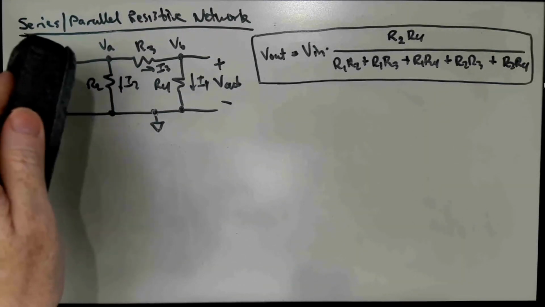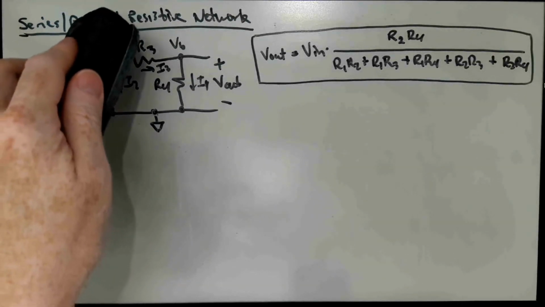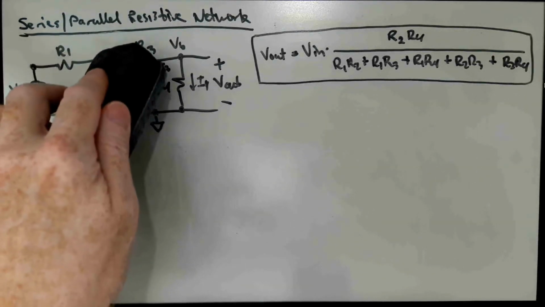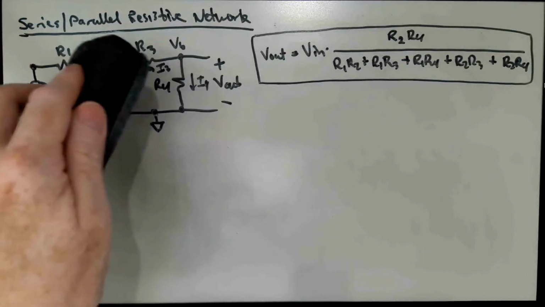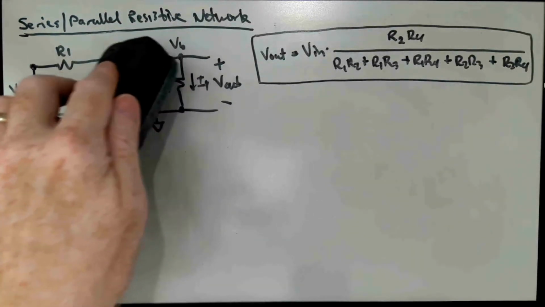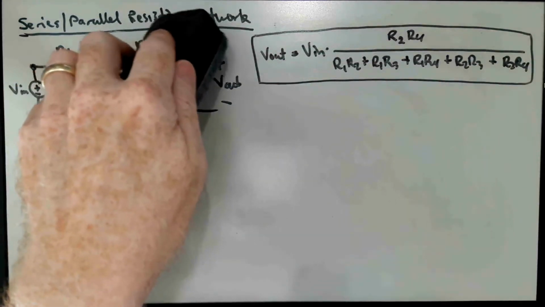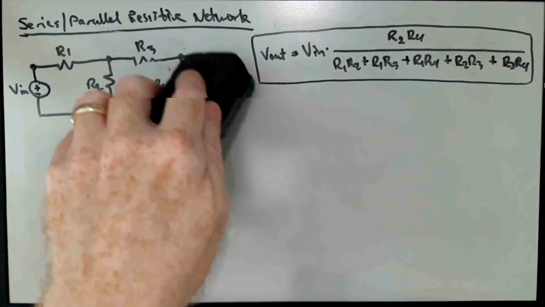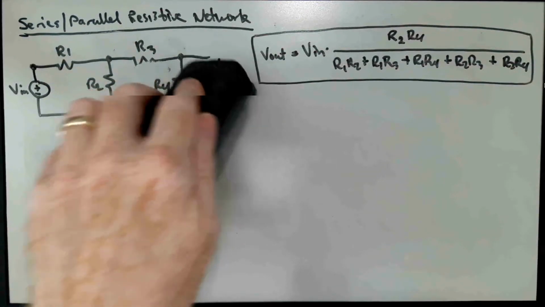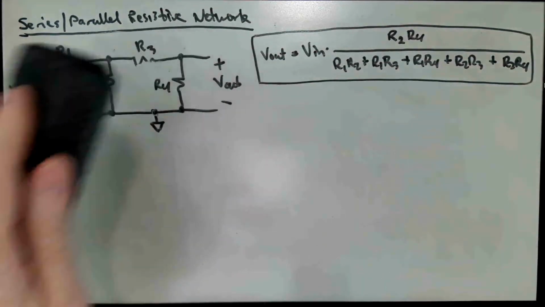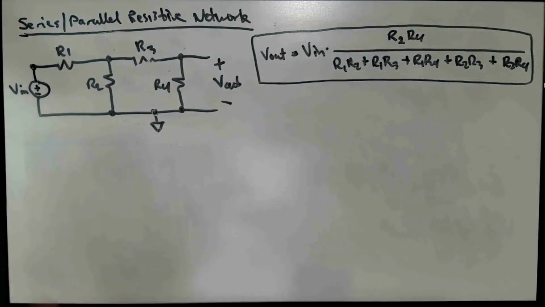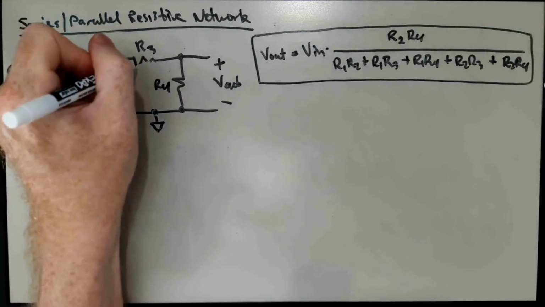But what they buy us is a way of actually thinking through what's going on in the circuit, and it gives us an answer that is interpretable in terms of how the circuit is actually working.